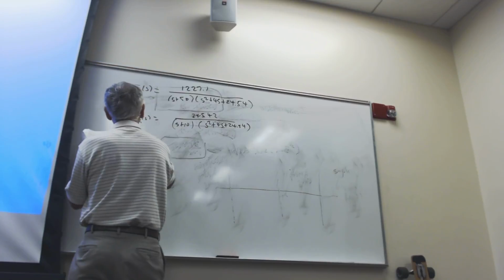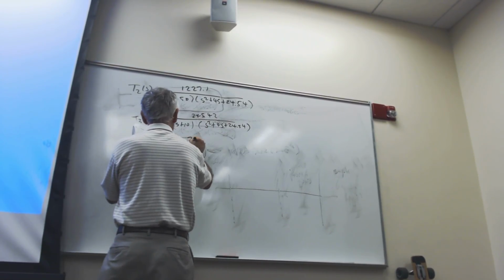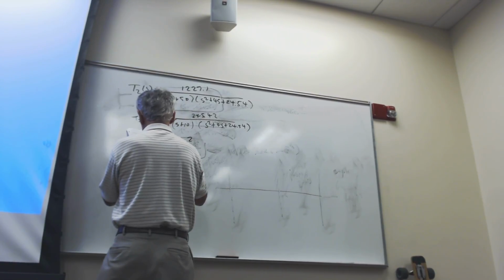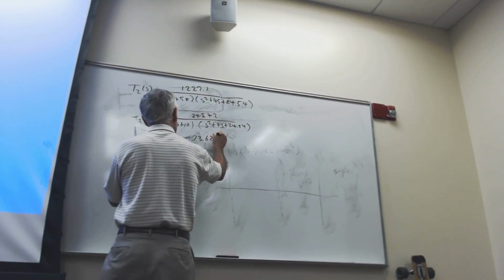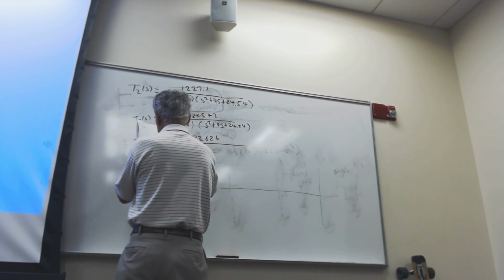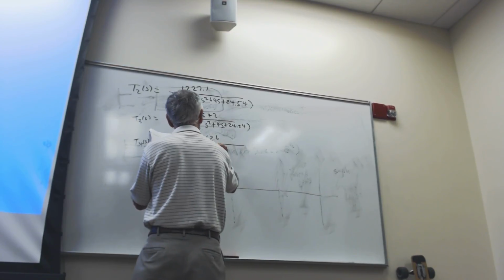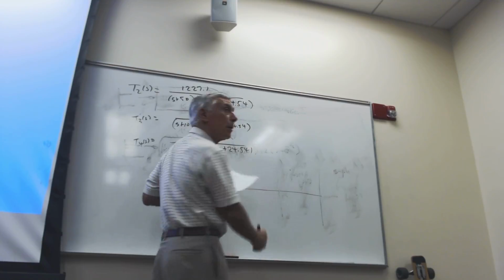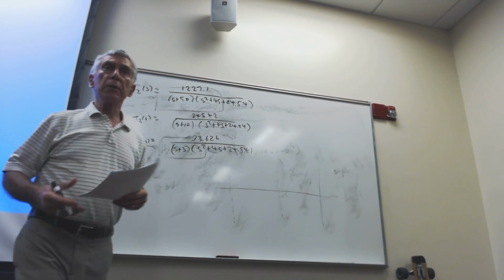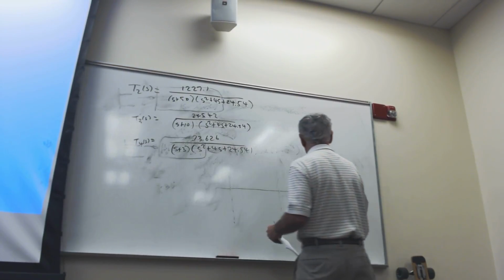And then T4 of S is equal to 73.626 divided by S plus 3, and the same quadratic factor, S squared plus 4S plus 24.54. Let's notice where the poles are.